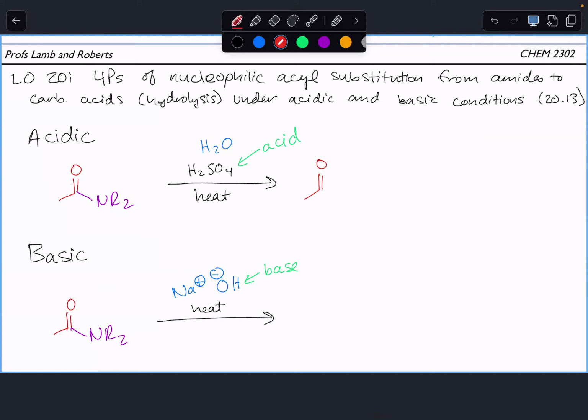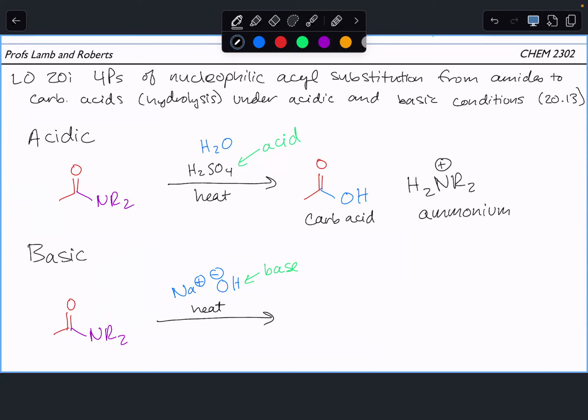Under acidic conditions, we end up with the carboxylic acid, and then we'll have an ammonium, so a protonated amine at the end, because we're under acidic conditions. We have our carboxylic acid and an ammonium.